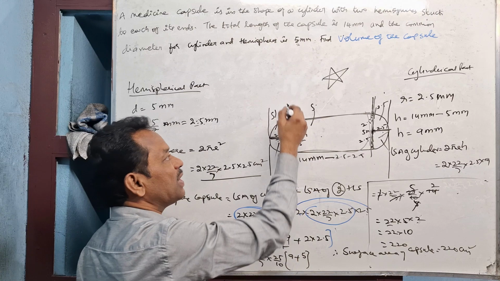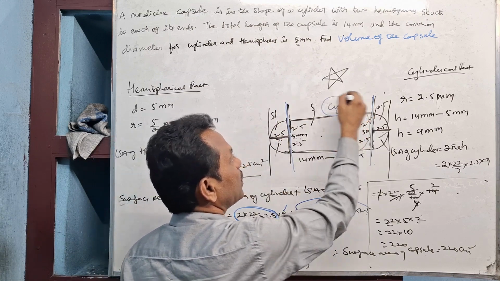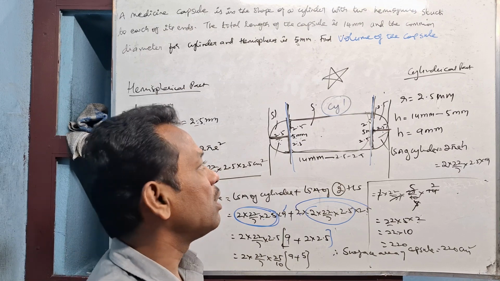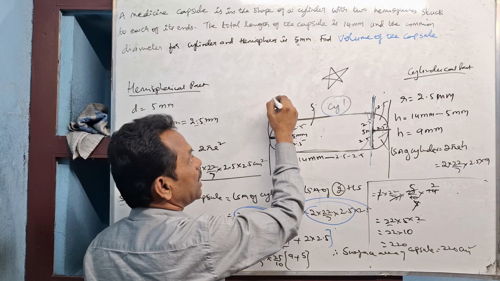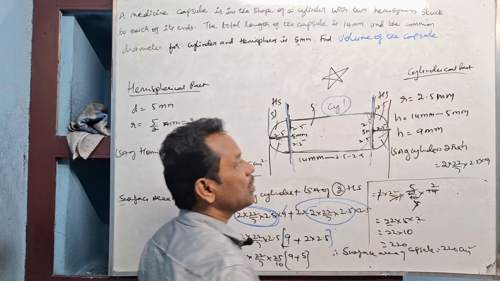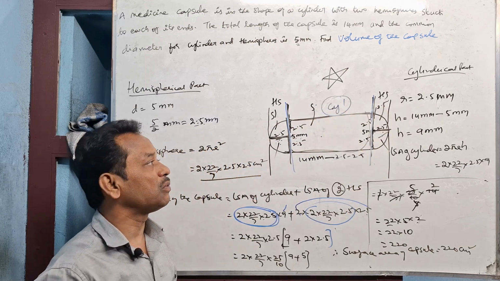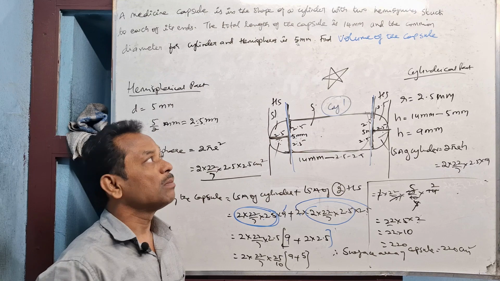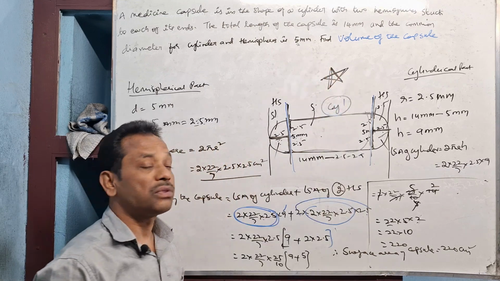First, you find the volume of the cylinder. Then next, you find the volume of the hemisphere, and here also the volume of the hemisphere. Once you have all three values, just add them to get the volume of the capsule. This sum is very important. Practice it well to get 6 marks.